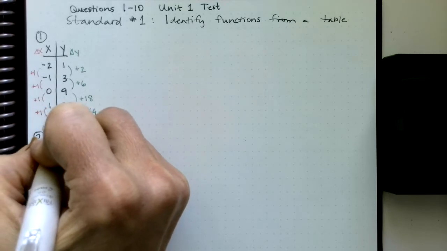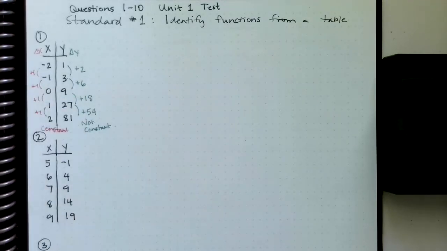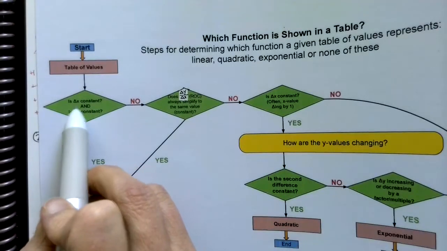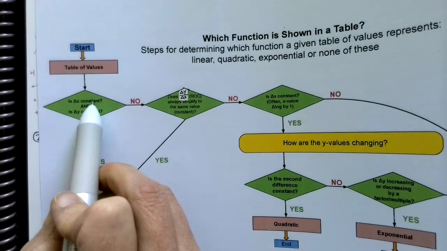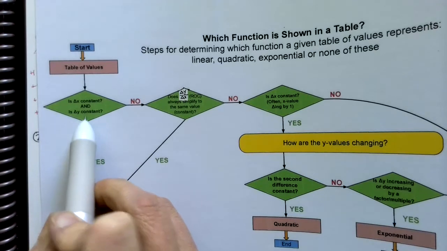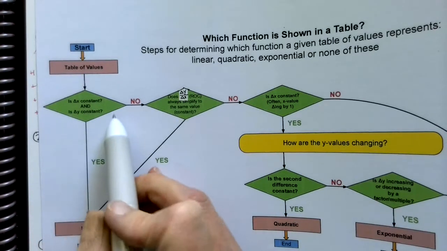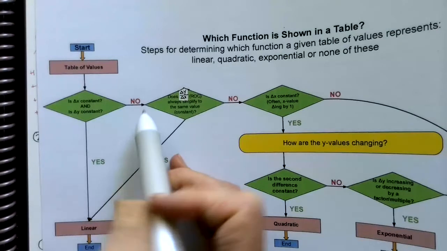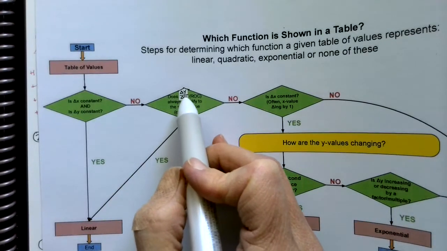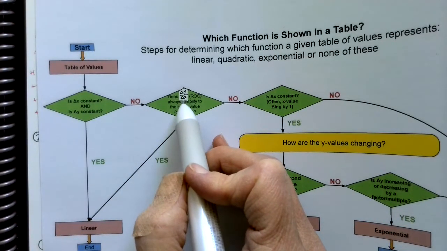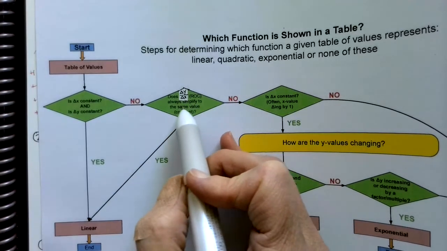So let's look back at our flow chart to see what that tells us. Change in x is constant, that's a yes. Change in y is constant, that's a no. So I'm not going down here. If they're not both true, we're going to go here. Now it says, does the change in y over the change in x always simplify to the same constant?